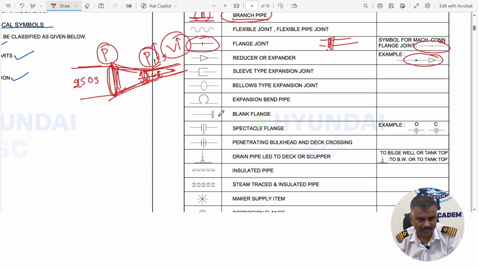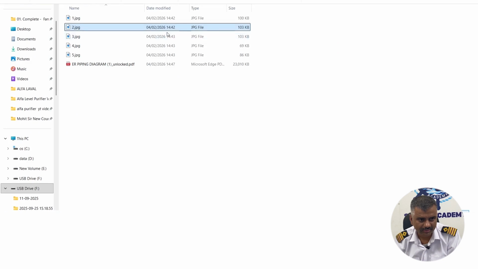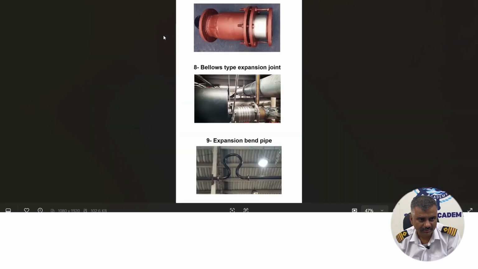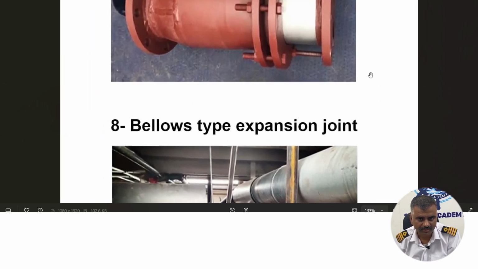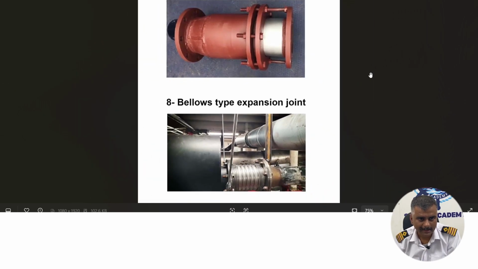Reducer or expander. Now we had discussed the sleeve type expansion joint. Okay, the first one here, you see, this is the sleeve type expansion joint. You can see there is a sleeve here and a pipeline is passing.